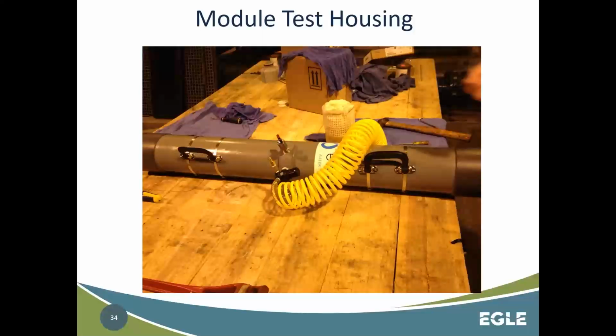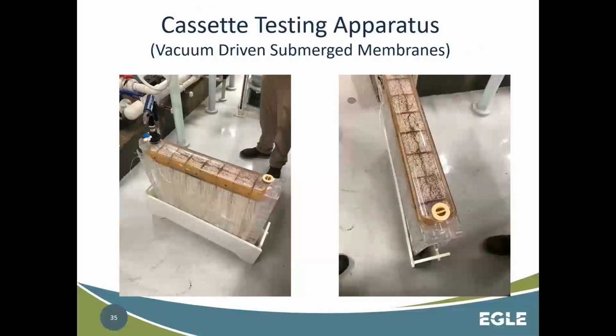And so this is the pressure driven style. I mentioned earlier we have vacuum style ones that are submerged in water. I'm less familiar with how these work, but here's a photo of one, and this I believe is a Zenon, if I'm not mistaken, and it's a cassette style.